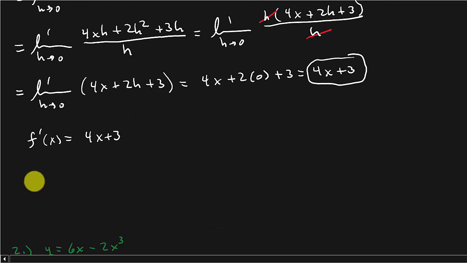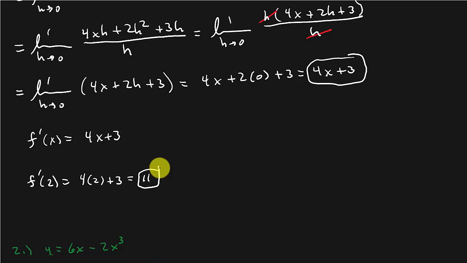And what did they want us to find? They wanted us to find f prime of 2. So once you find the derivative, now evaluate it. That's 4 times 2 plus 3, which is 11. I know the problem didn't ask us to do that. I added it, so now you know how to evaluate the derivative at a particular number.